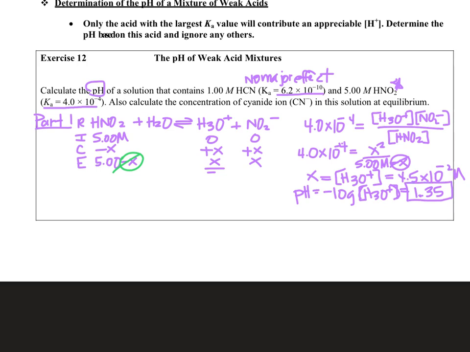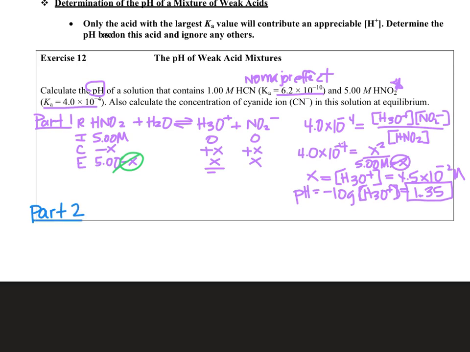Now, the second part of the question then asked me to find the concentration of cyanide. So your acid that has the greater Ka value is going to dissociate first, or the most. So in your second part, I'm going to switch colors on this. I'll do it in blue. For part 2 of this, we want to answer that second part of the question.